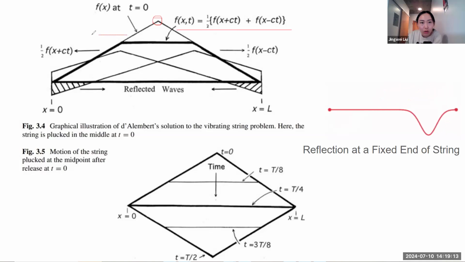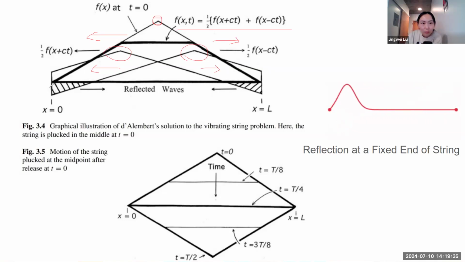There will be one wave moving to the left, one wave moving to the right. When we release the string here, it will deform like this, and gradually this will be the left traveling wave, this is the right traveling wave. So the waves will go in these two directions.